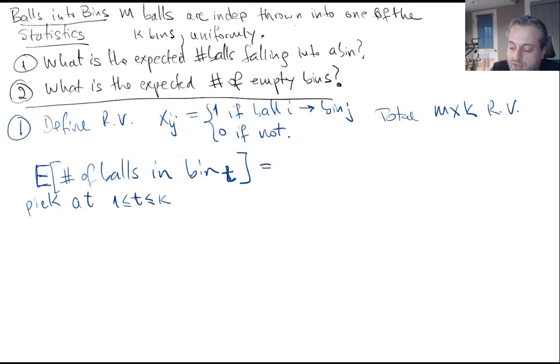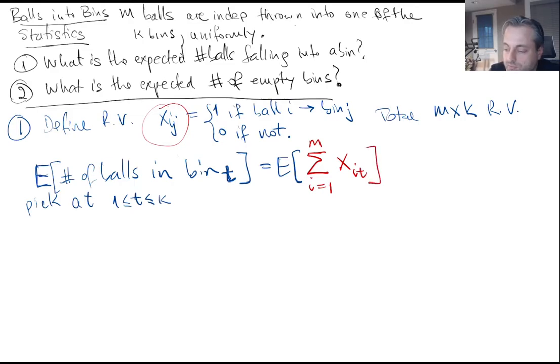So this will be the expected value of, if you think in terms of these xij variables, the sum over all the balls, from i equals 1 to m, of xit. Let me put this square bracket here, right?